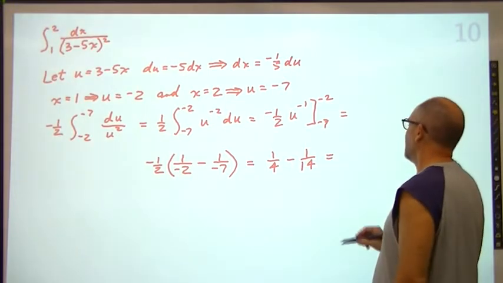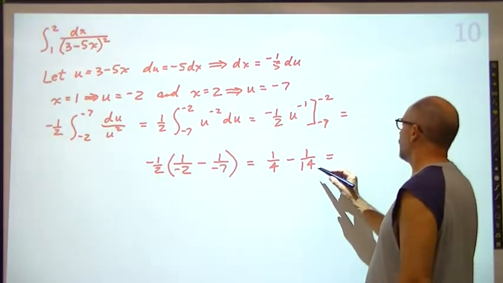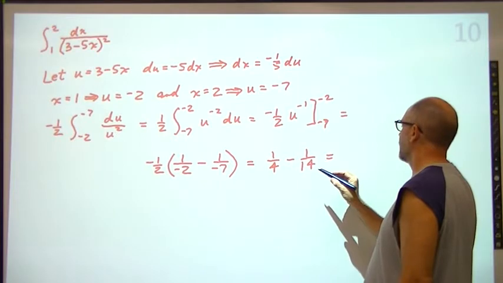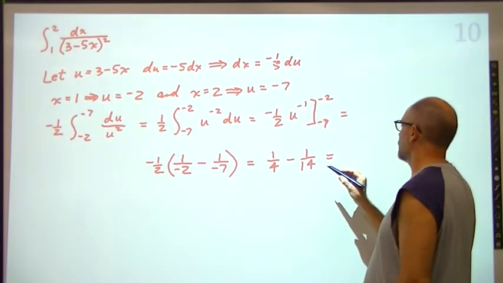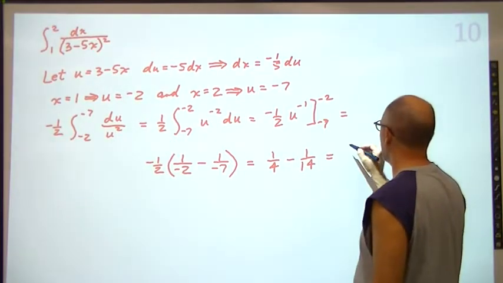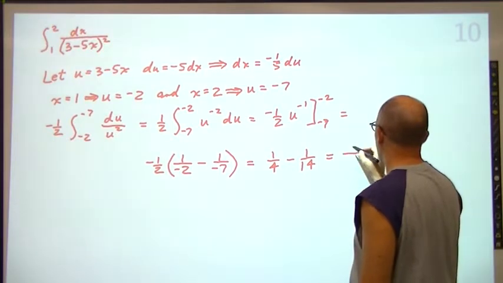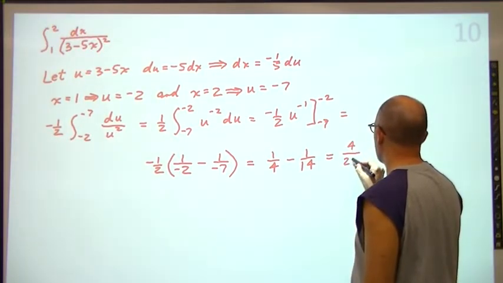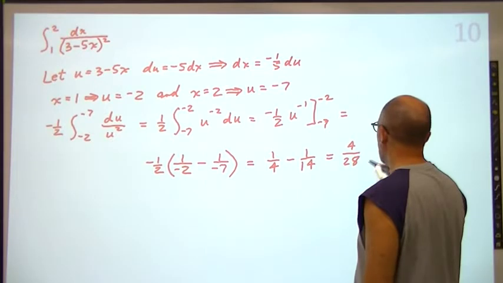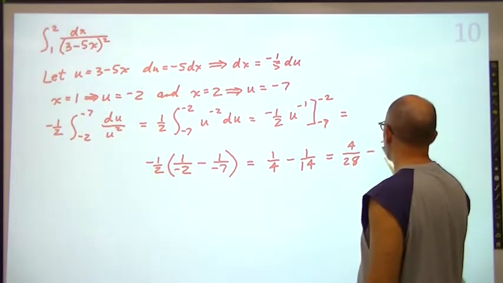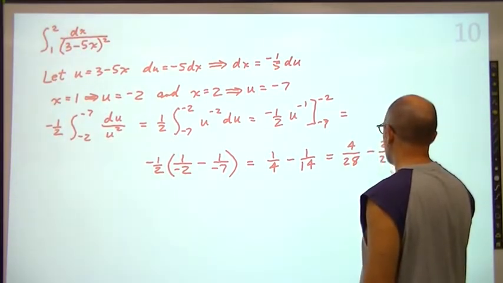So let's make our common denominator, 4 times 7 is 28, so it's going to be 4 28ths minus 2 28ths.